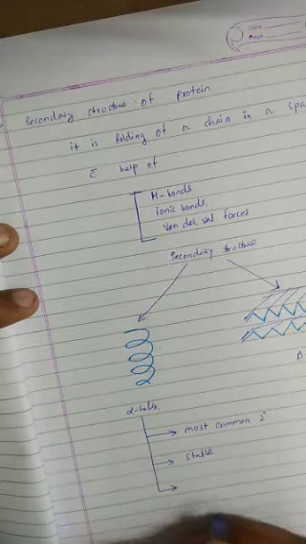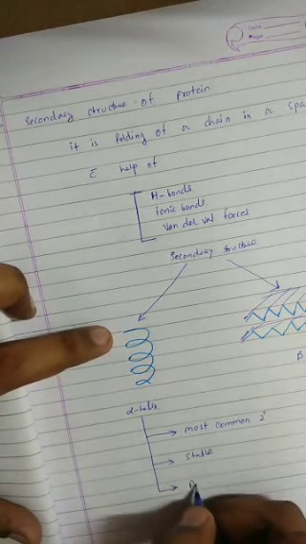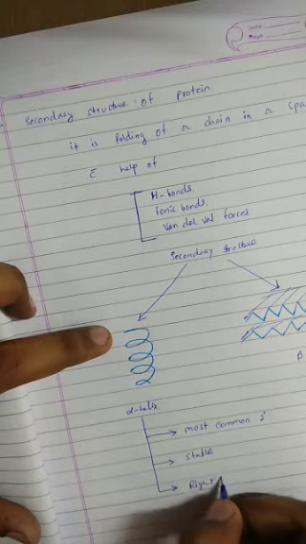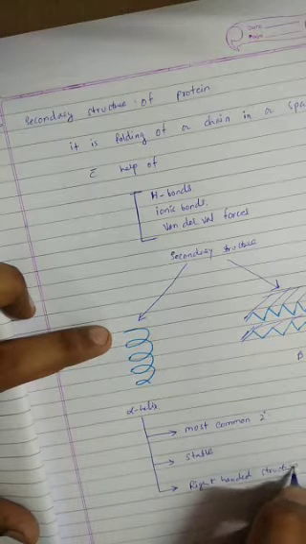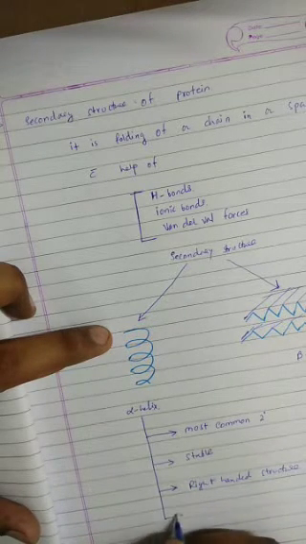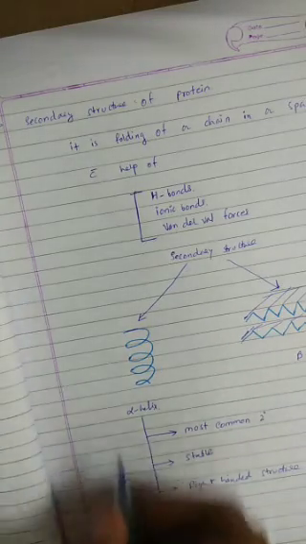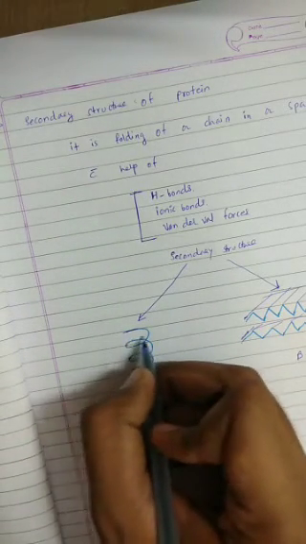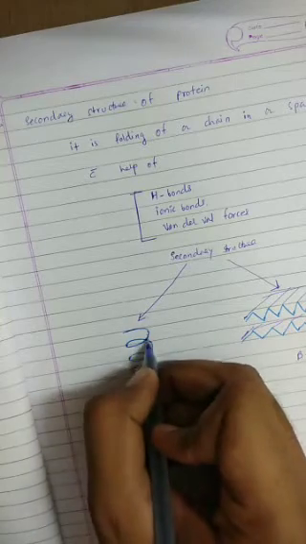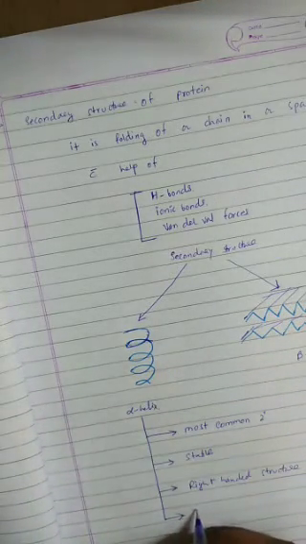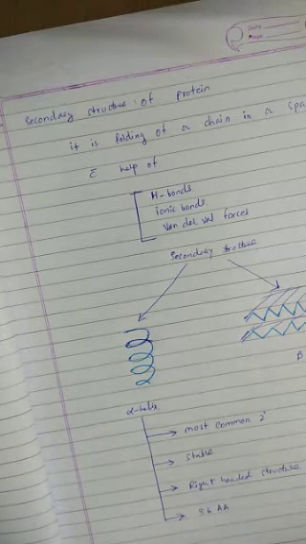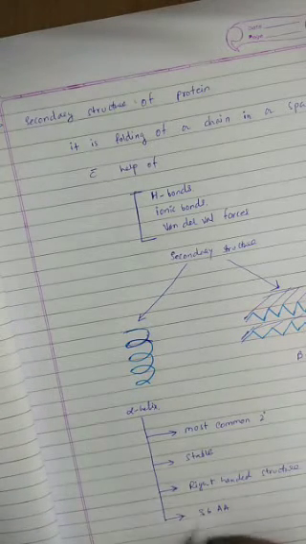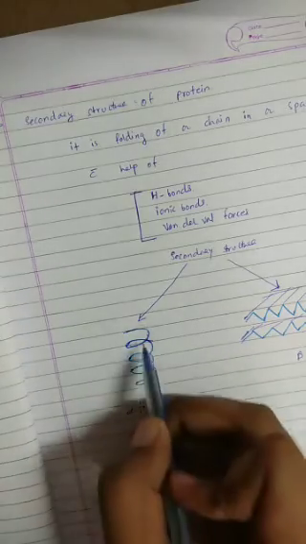It is always a right-handed structure. Each turn is made up of 3.6 amino acids; 3.6 amino acids are present in one turn.